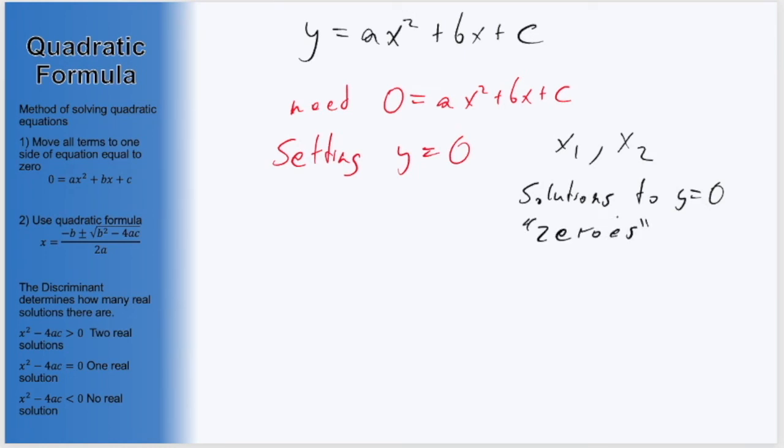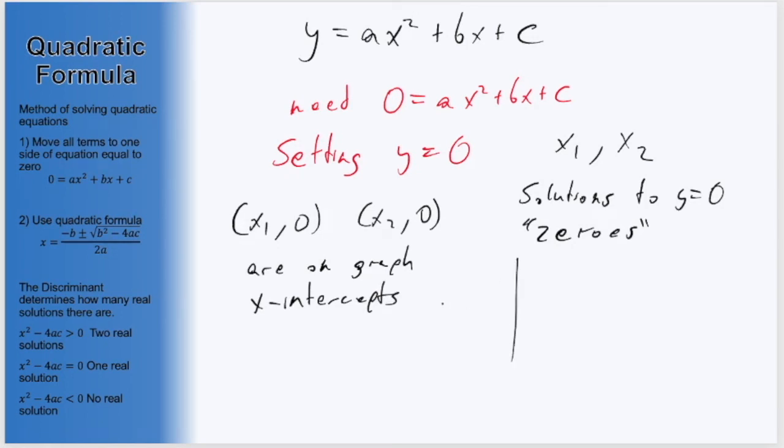By getting these solutions, we also know that plugging them in will give a y value of 0, which means the points (x1, 0) and (x2, 0) are on the graph of our function. And since they are at y equals 0, they are also our x-intercepts.